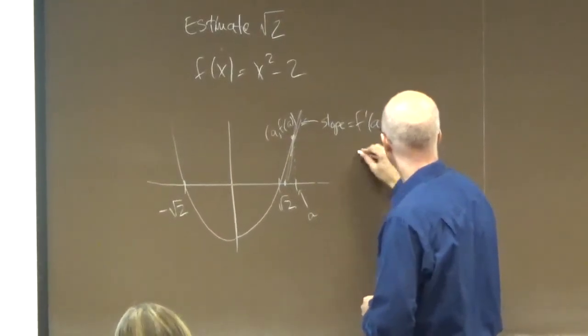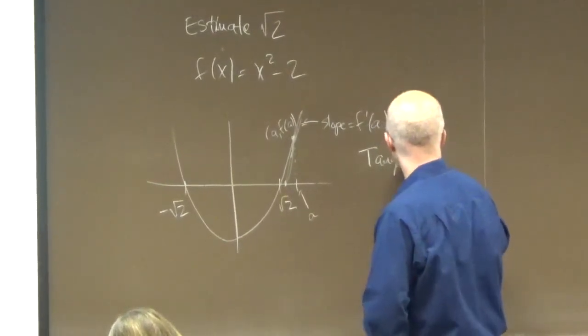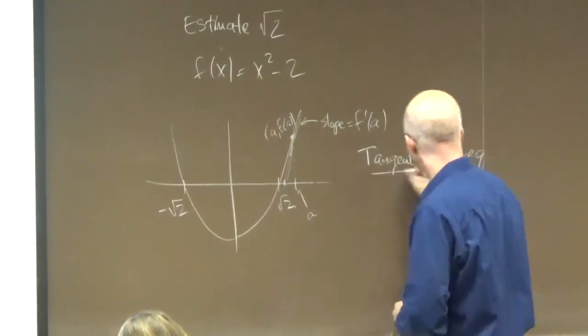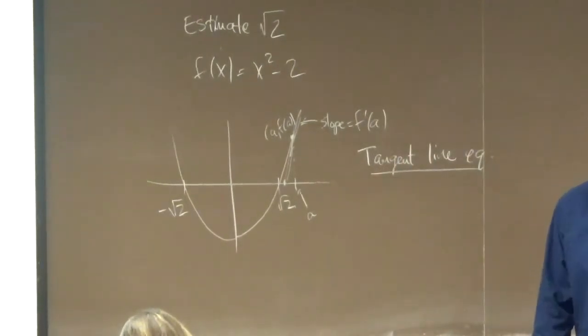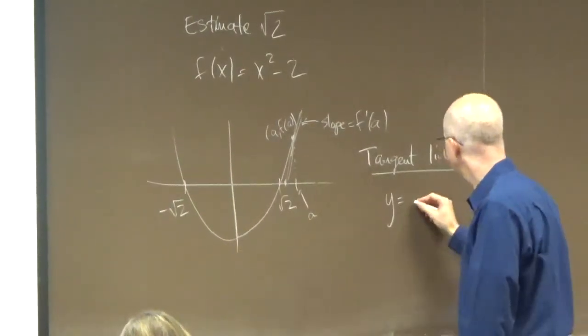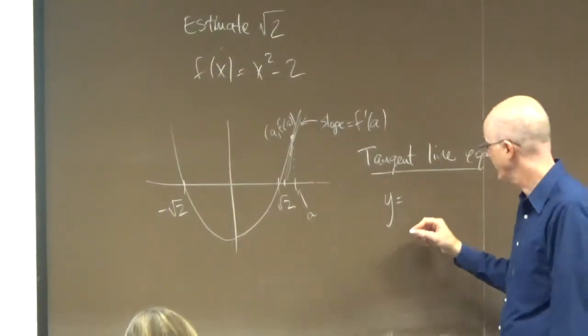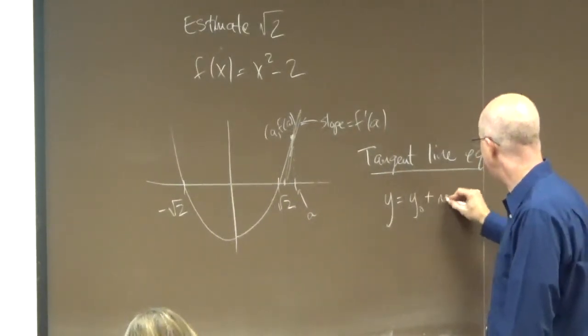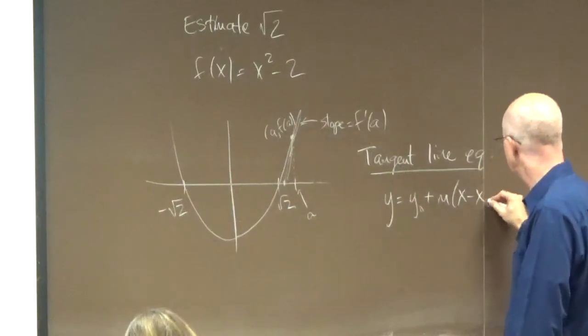The tangent line has equation in point slope form. Y equals, let's go ahead and write it in the general form first. Say y0 plus m times x minus x0.